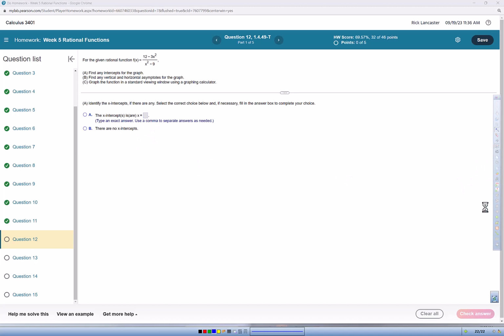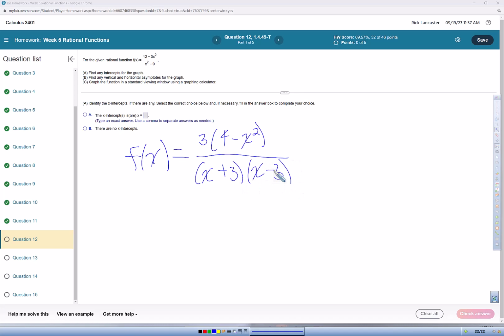So first thing I'm going to do is factor the numerator and denominator. So f of x equals, and I can factor out a 3 in the numerator. That gives me 4 minus x squared. And then down here, we're going to factor this to x plus 3 times x minus 3.